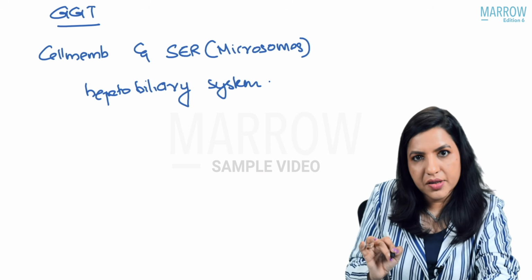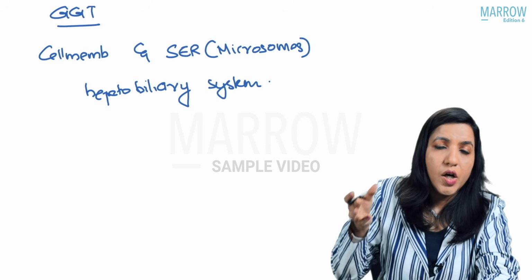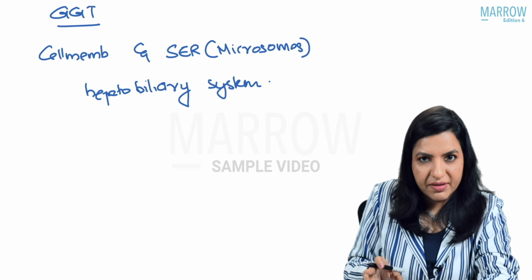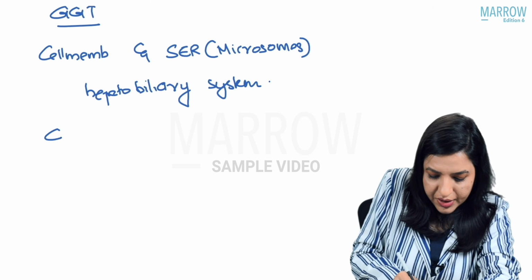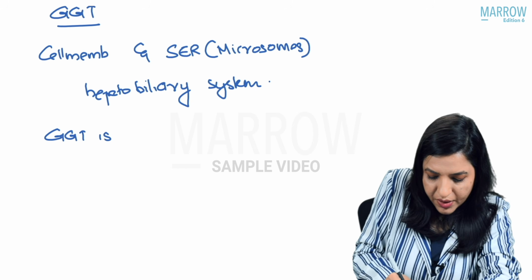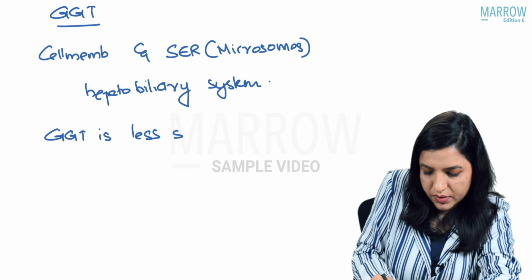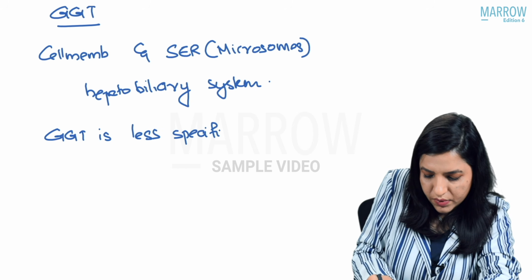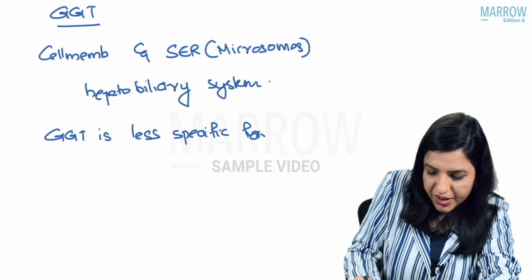When you compare gamma glutamyl transpeptidase with 5' nucleotidase and alkaline phosphatase, the GGT is less specific for cholestasis.